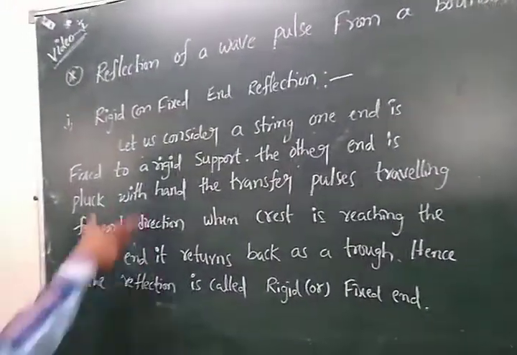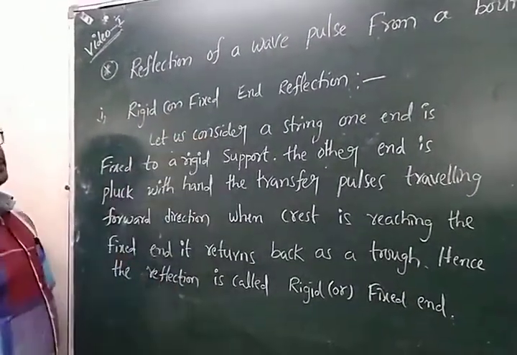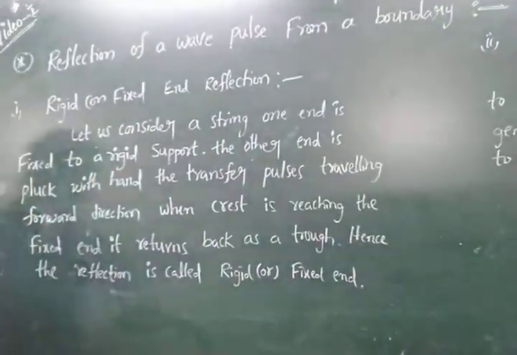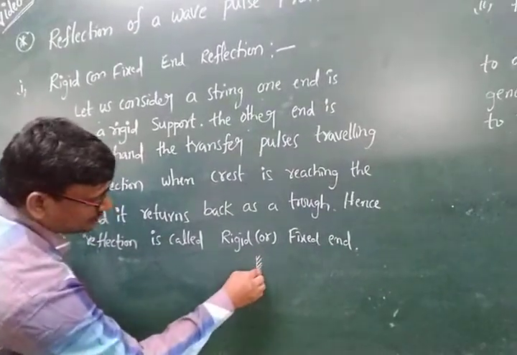Now first we see the rigid or fixed end reflection. Let us consider a string with one end fixed to a rigid support. Let us consider this as a rigid support.